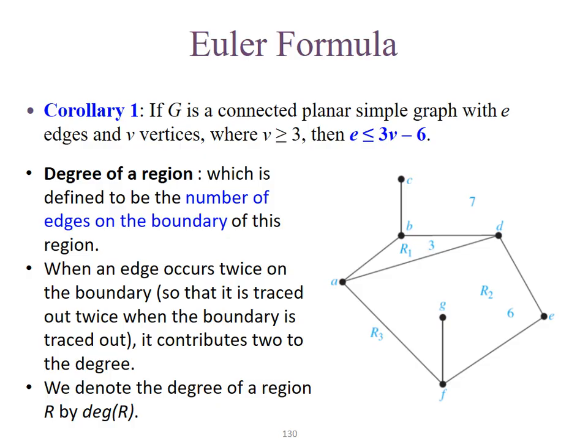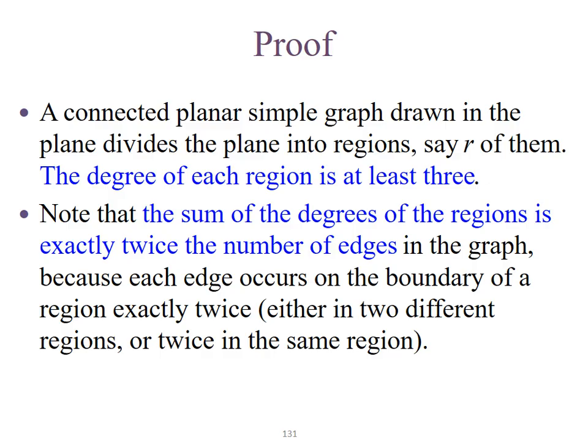Because you can see, take this for example, when you calculate on region 1, this edge is counted once. But when you calculate on region 2, this edge is counted twice. So if you add the summation 3 plus 7 plus 6, then the sum of the degrees of the regions is just twice the number of edges.